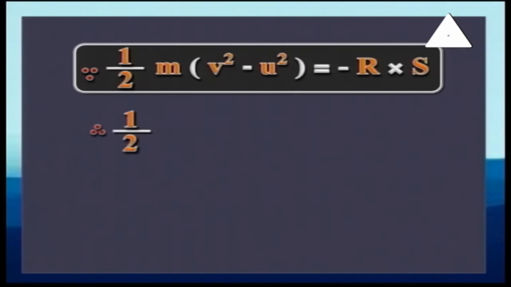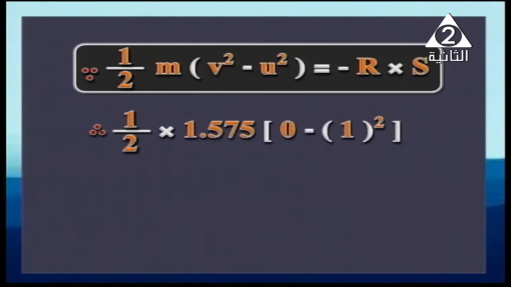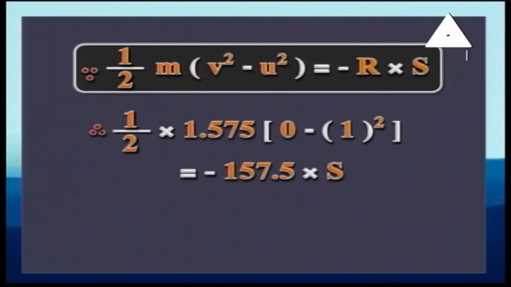Then half times 1.575 multiplied by 0 minus 1 squared. Why does V equal 0? Because the nail stopped in the wall. Then to reach maximum, we know the velocity equals 0, equals negative R, negative 157.5 times S, where S is the distance.